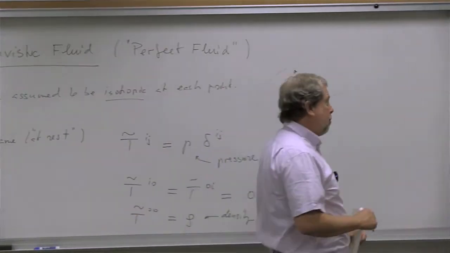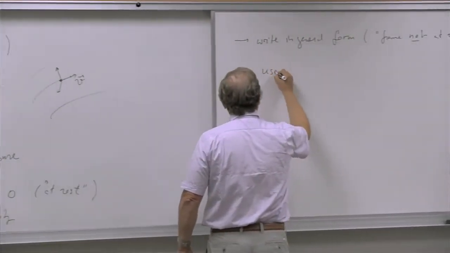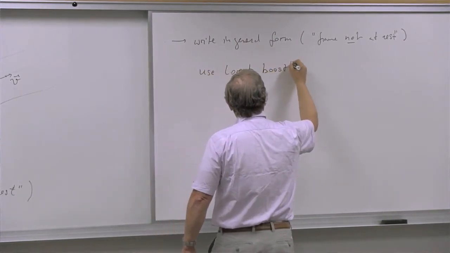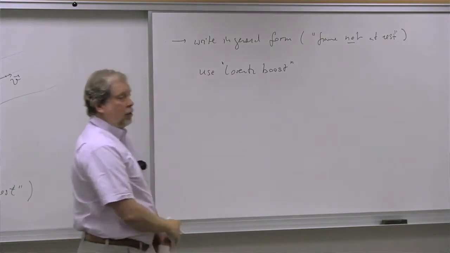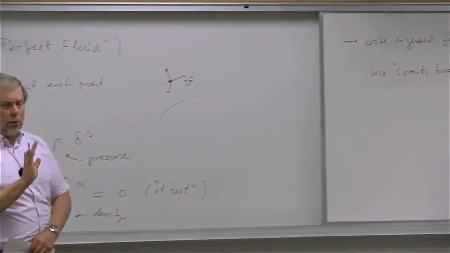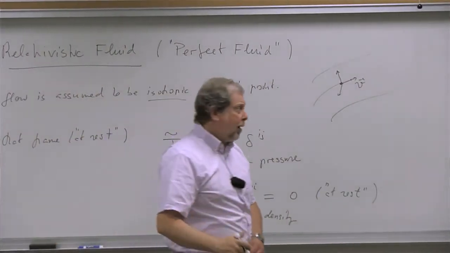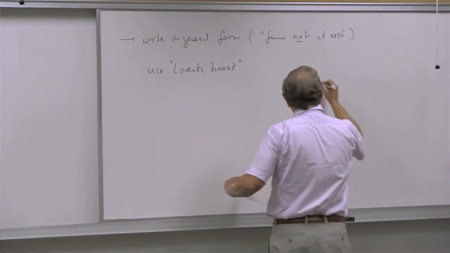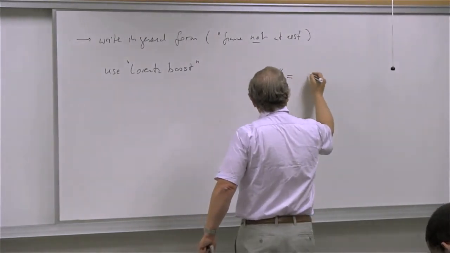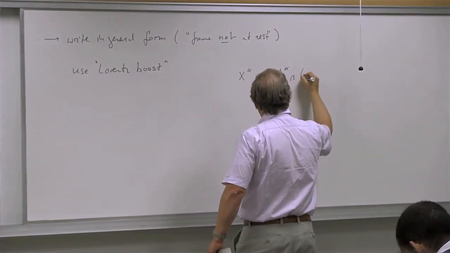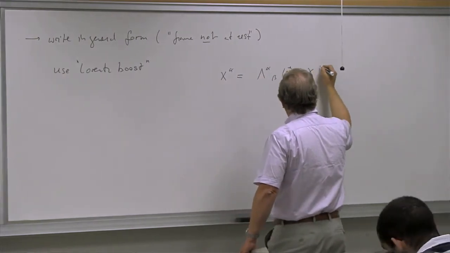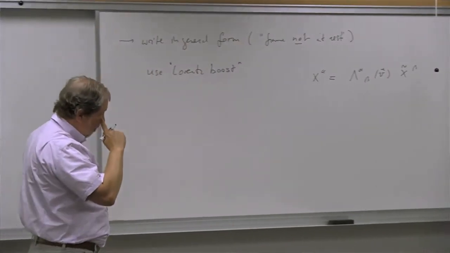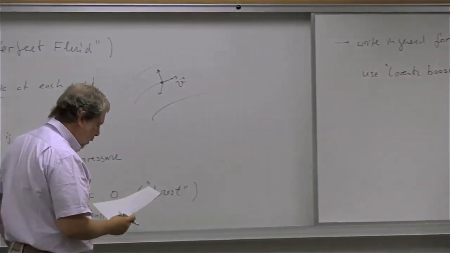Well, that is just a Lorentz boost. So we just do one of these Lorentz transformations because that's precisely what goes from a frame that is at rest to one that has a velocity v. All right? So that means that x alpha is going to be lambda alpha beta of v times this tilde coordinate system, which is the one where the frame is at rest with respect to the fluid.